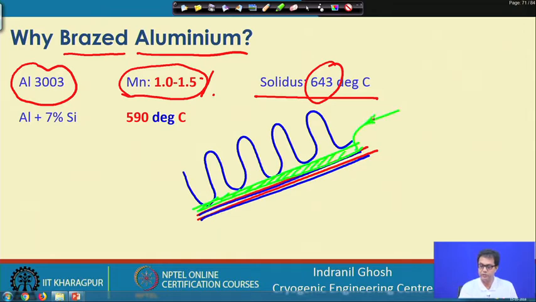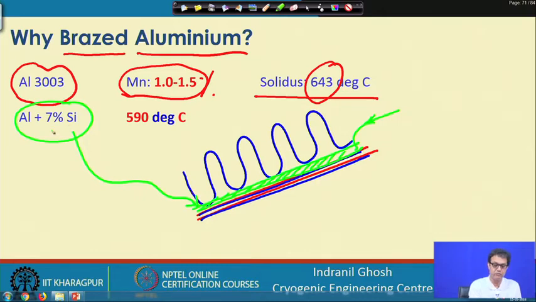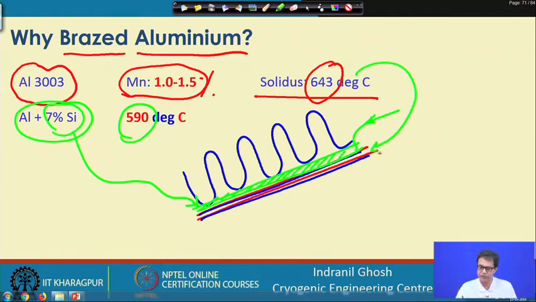This brazing material is aluminium plus 7% silicon. As soon as we add this 7% silicon, its melting point becomes 590 degrees, whereas the solidus of the parent material is 643 degrees centigrade.